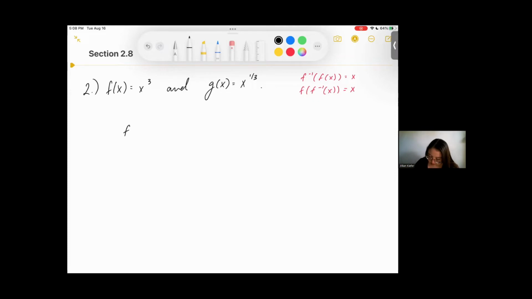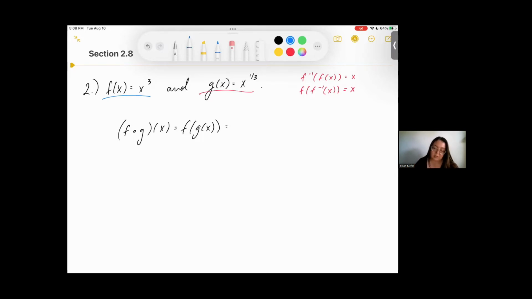Let's start with f of g. So if we take f of g of x, which we know looks like this, we can go ahead and compose them together. So f of x is equal to x to the power of 3 is going to be in blue. g of x is equal to x to the power of 1/3 is going to be in red.